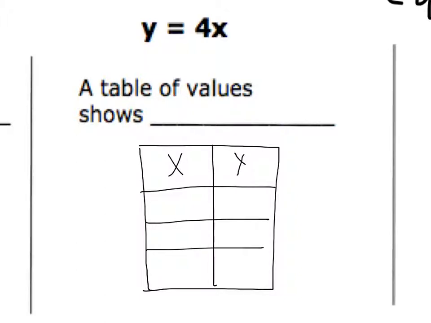So we're always going to use 0, 1, and 2. And you will get whatever x or y value comes out. Okay, but this is what a table of values looks like. Again, a table of values shows a few solutions. So it just gives you a few solutions of the total amount of solutions for your equation.